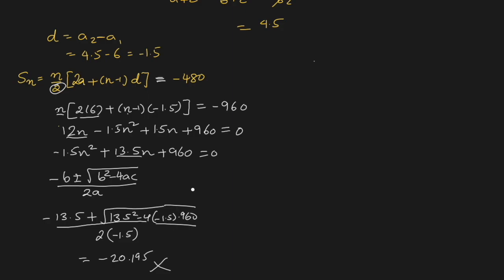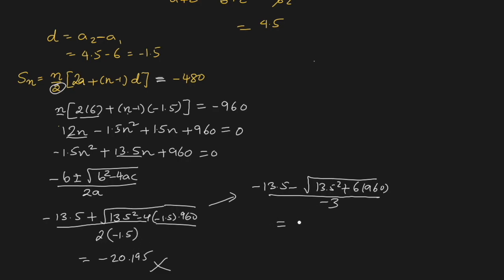That means we have to go to the negative one now from here. So negative 13.5 minus 13.5 square. Let me make it positive because these two negatives will make it positive. 4 times 1.5 times 960 over minus 3. Yeah, 2 times negative 1.5.